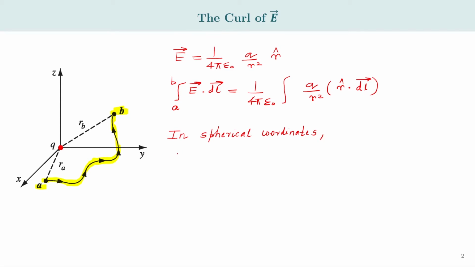In spherical coordinates, this line element dl is given by dr r hat plus r d theta theta hat plus r sin theta d phi phi hat.